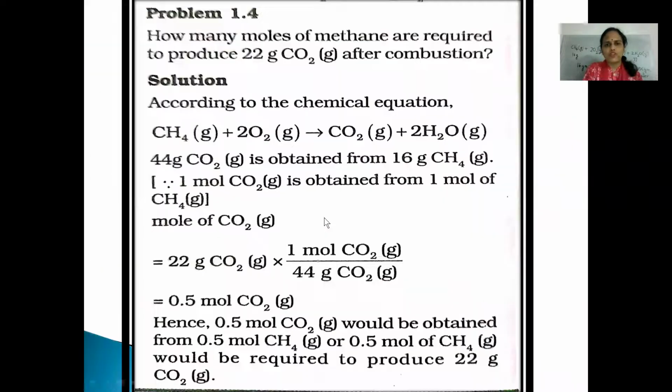Look at the next question. How many moles of methane are required to produce 22 grams of carbon dioxide after combustion? So you need to give your answer in moles of methane, taking grams of carbon dioxide. 22 grams of carbon dioxide are given to you and you need to calculate how many moles.